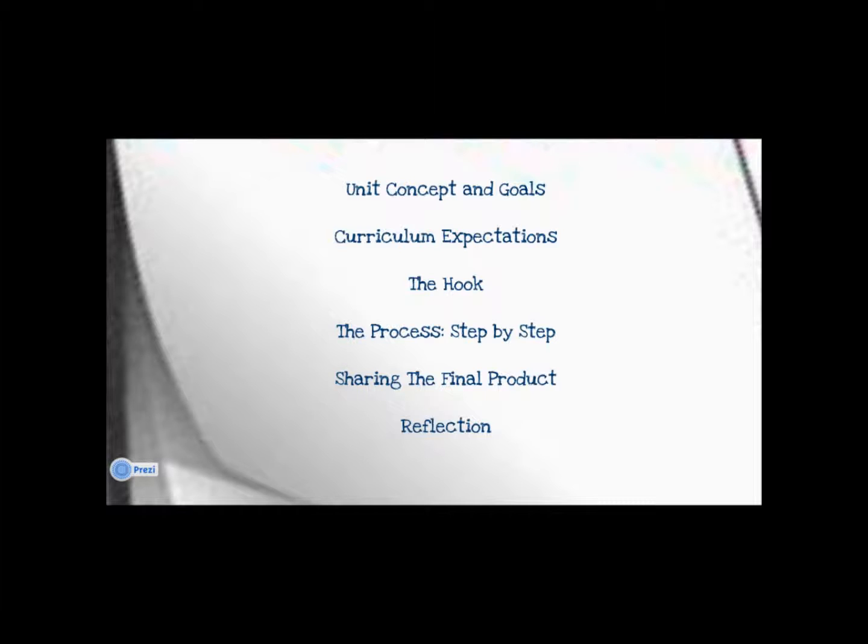Following the hook, you will get to see the step-by-step process and how students brainstorm their ideas for their brochures to the finished product. Finally, a reflection will be discussed about some of the things that would be done differently if this unit were to be taught and executed again.